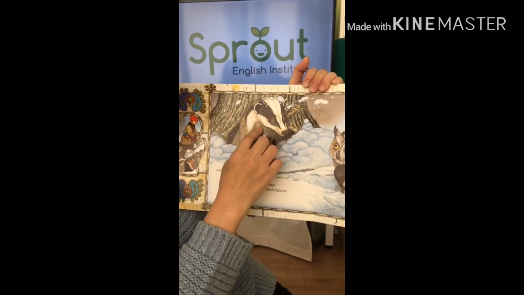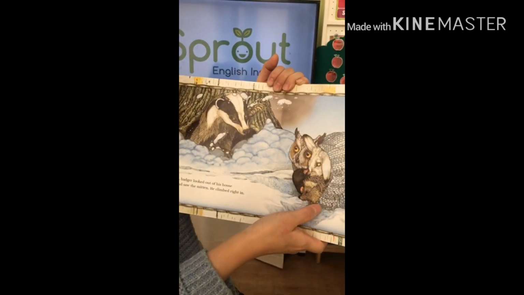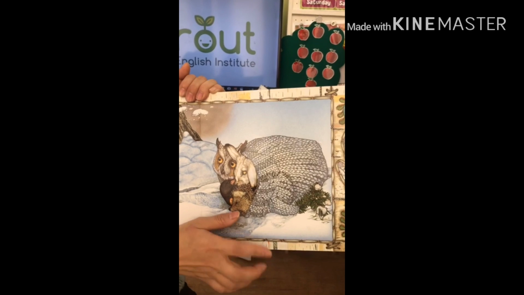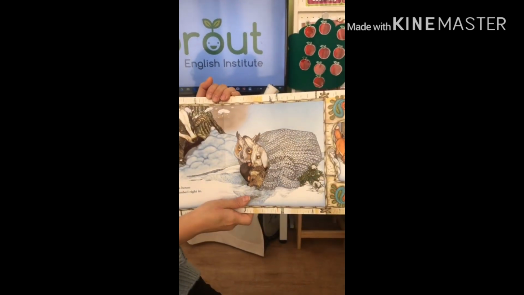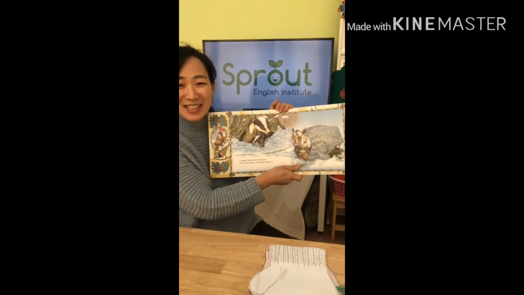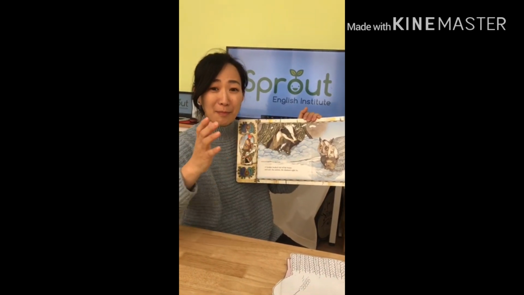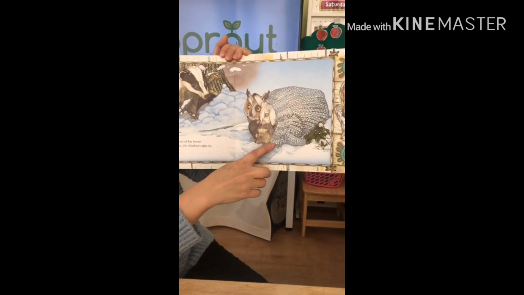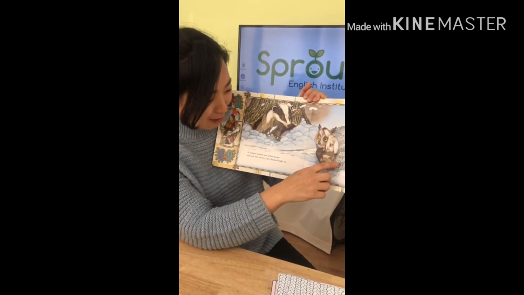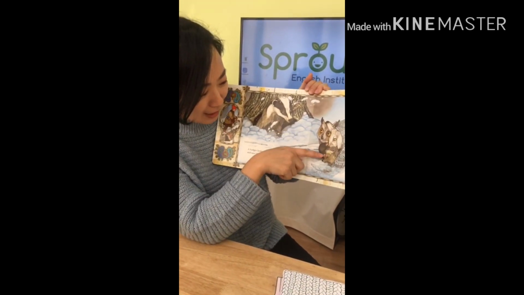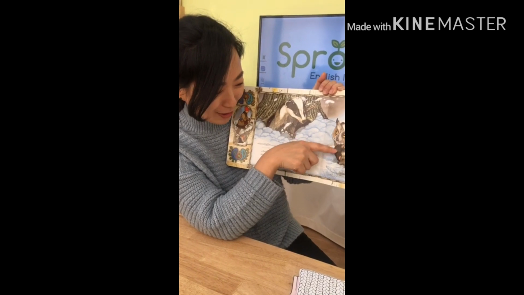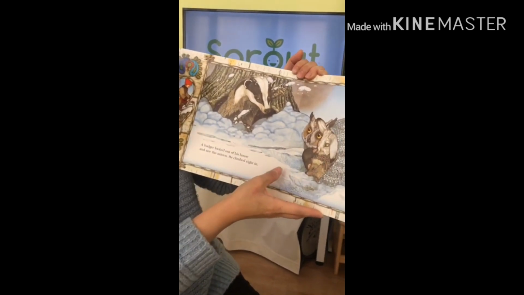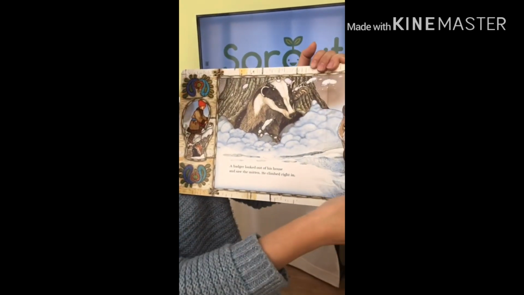Oh my, how can this big badger climb in this mitten? Everybody, did you notice the size of the mitten? What's happening to the mitten? It's getting bigger. Oh my, what's happening to Nikki's little small mitten? And I think the little guy is having a hard time fitting in there. All right, a badger climbed right in.